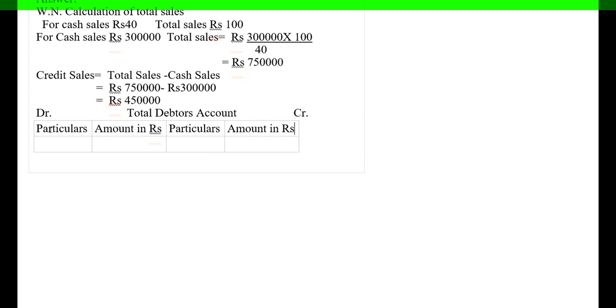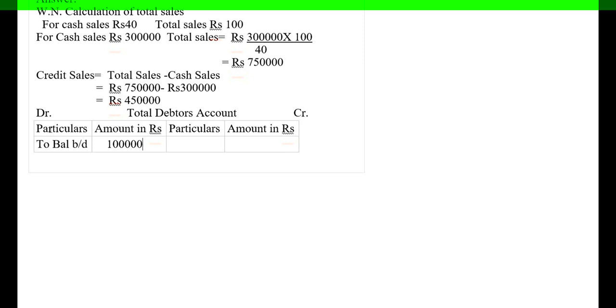So now let us go for preparation of this. The first item here, to balance brought down. This is opening balance which is given in the problem as rupees 1 lakh. Then closing balance is given in the problem, that we will take later on.